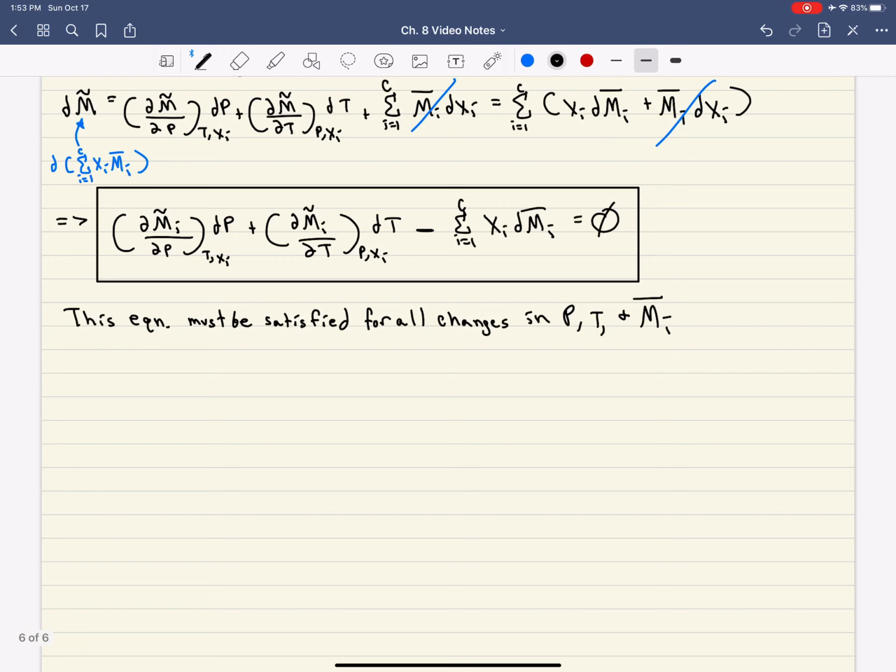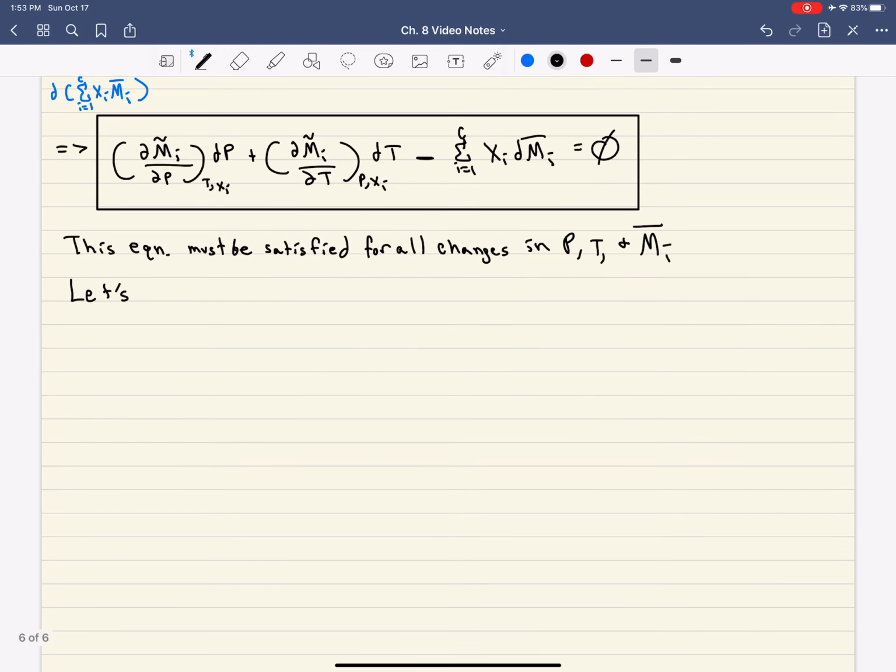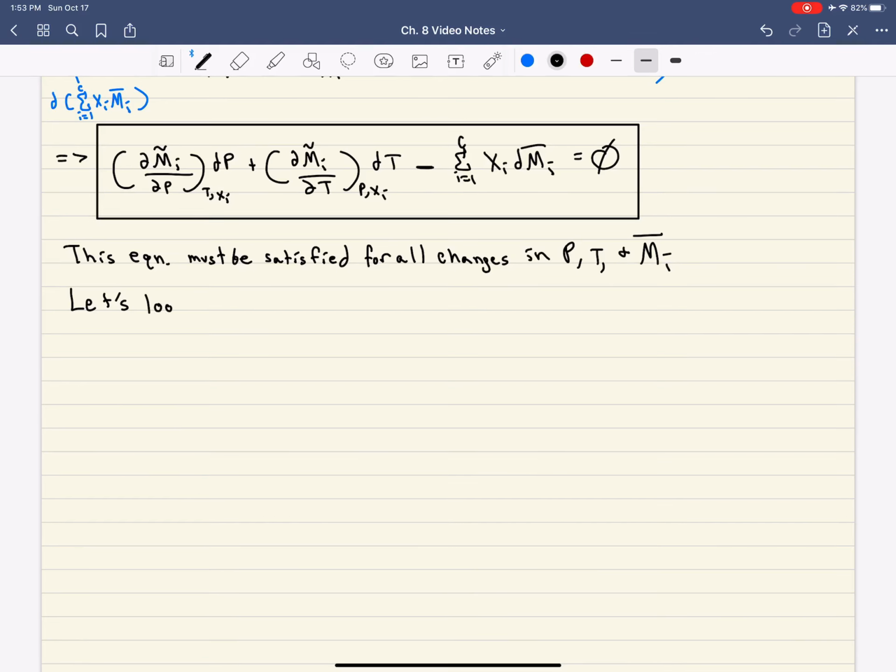But this may make more sense if we take a look at a specific molar quantity, specifically the case where M is going to be equal to the Gibbs energy. Okay?